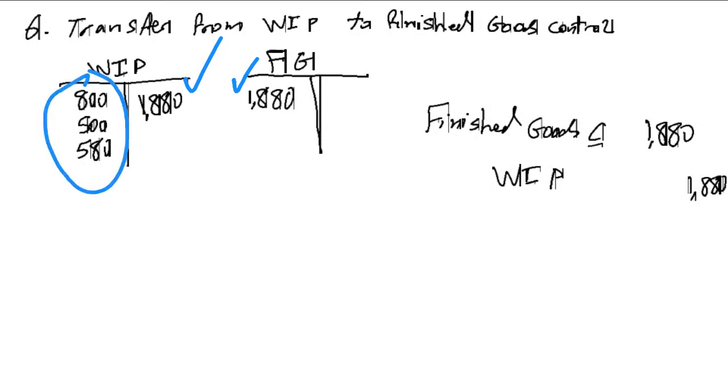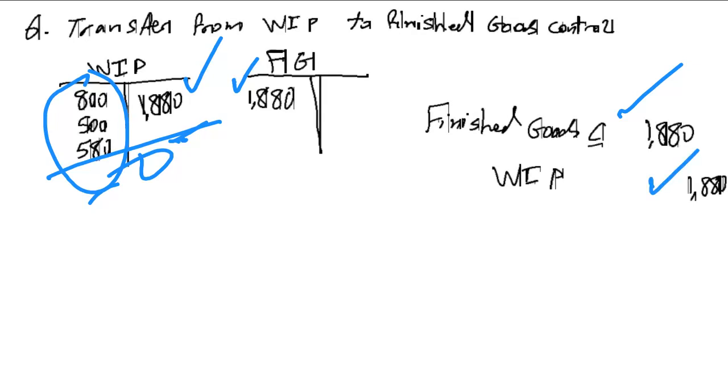So the total of work in process on this side is credited to close this account, right? And I transferred them to the finished goods account, $1,880. Doesn't mean that we sold all our finished goods, right? Depends on, let's say, sales transactions. We're going to credit finished goods later on. So debit finished goods, 1,880, and credit work in process, $1,880.